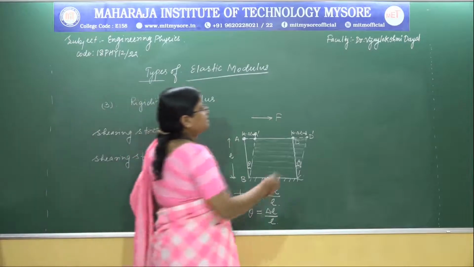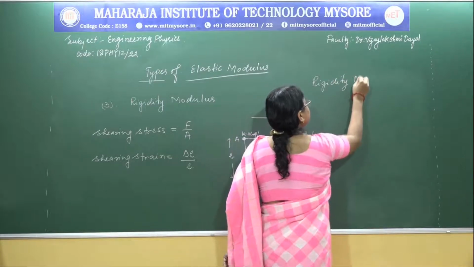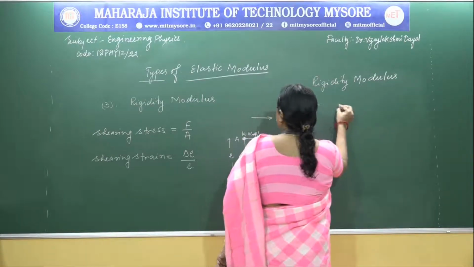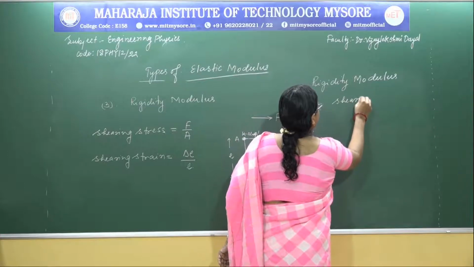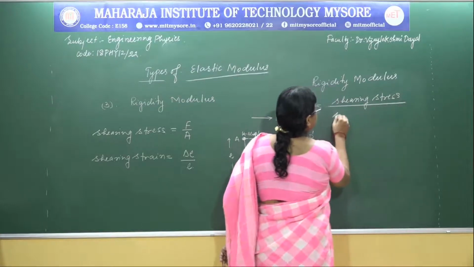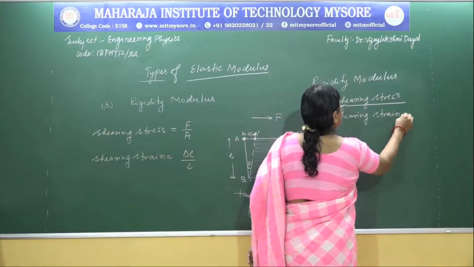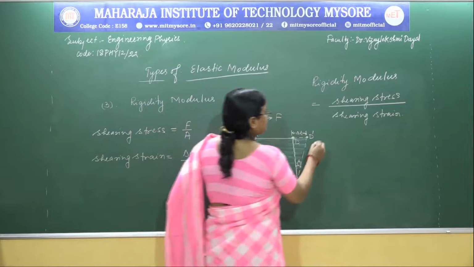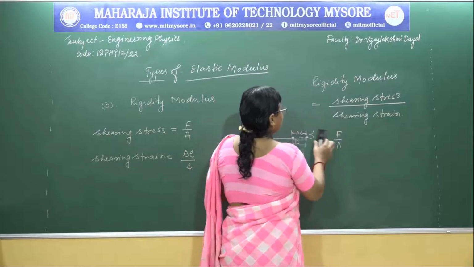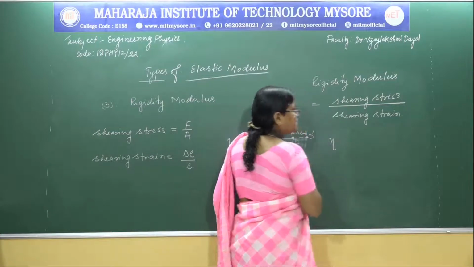Now if we define the rigidity modulus, we can write it as shearing stress by shearing strain, as per the definition of the modulus. Stress is force per unit area. Rigidity modulus we denote generally by eta.